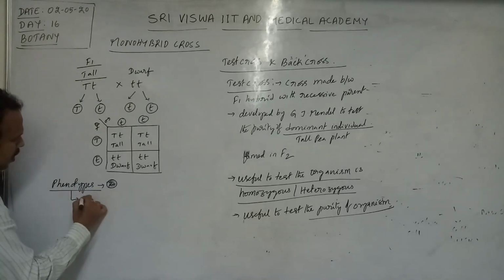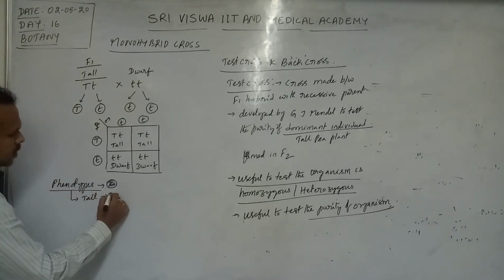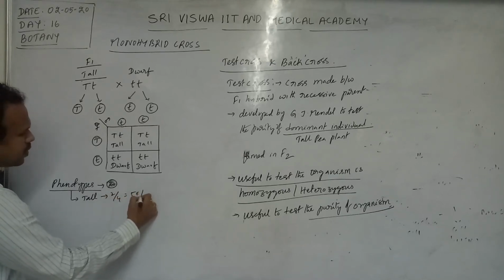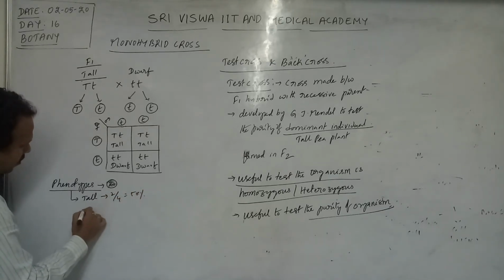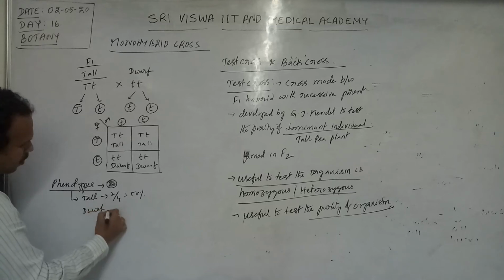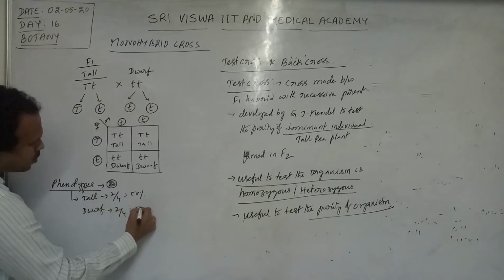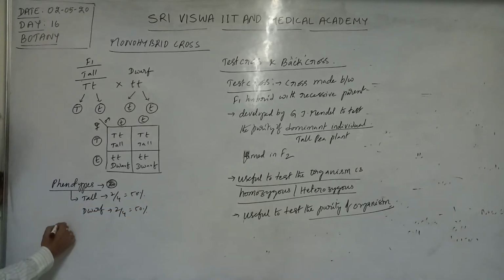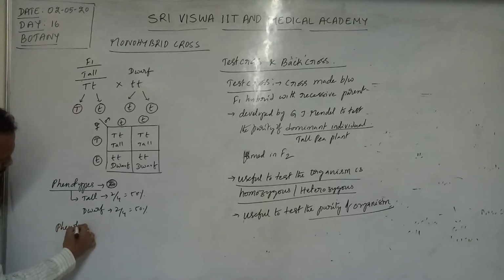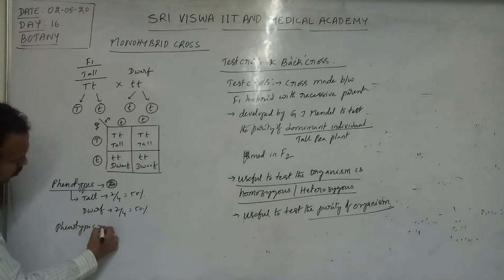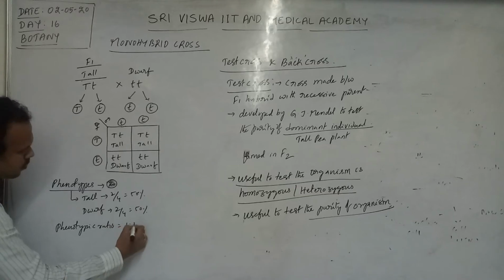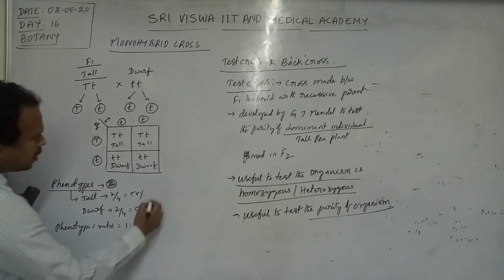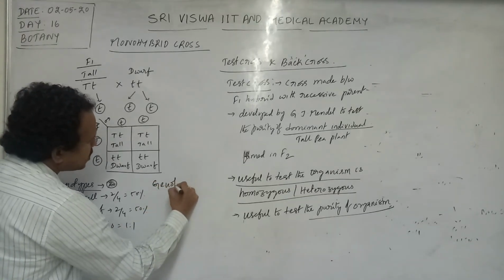One is tall, whose proportion is 2/4, that is 50%. Another one is dwarf, whose proportion is 2/4, that is 50%. That is, here the phenotypic ratio is 1:1. Similarly, analyze the genotypes.